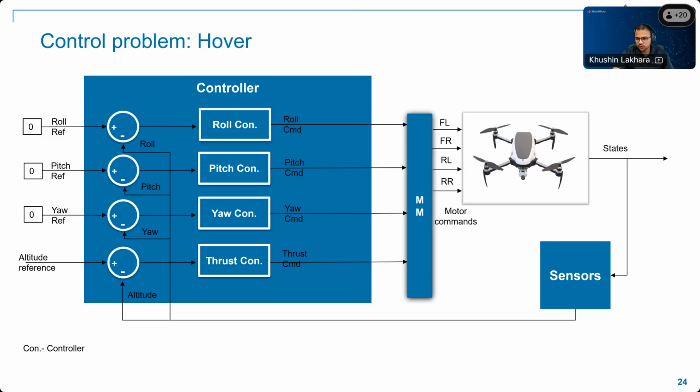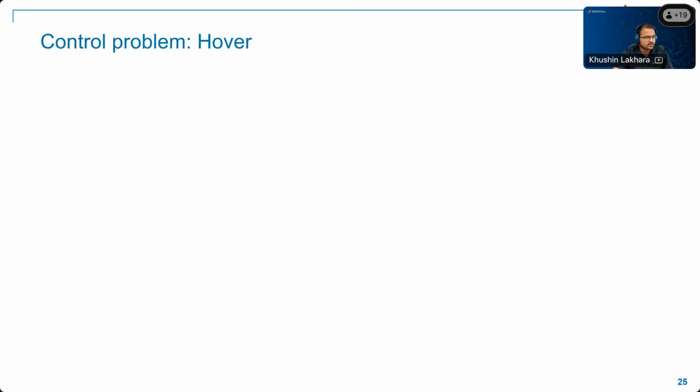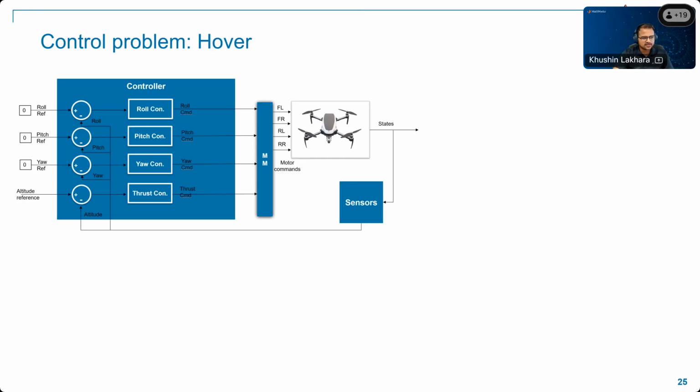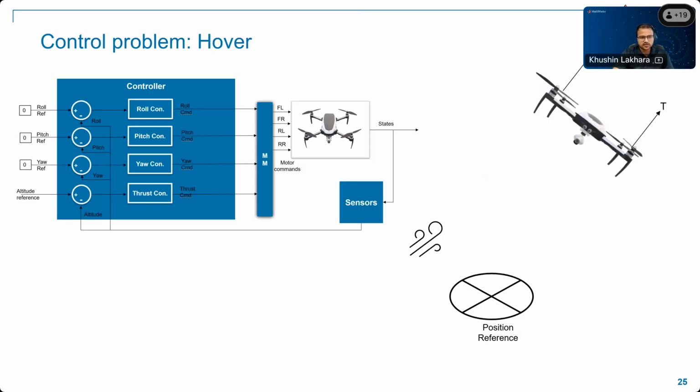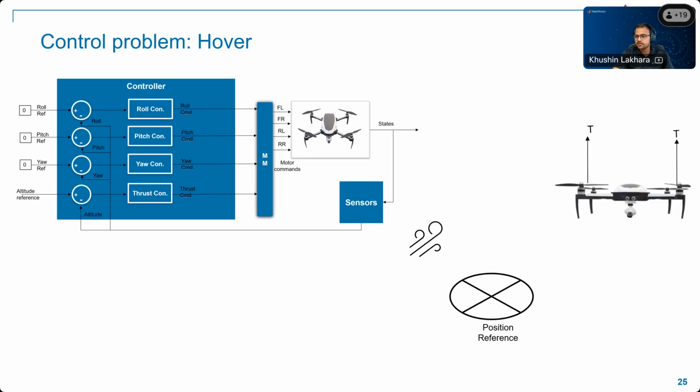Okay, let me help you understand it with the help of an animation. We designed this controller and we are taking a position reference of this location. Now if a gust comes, our rotorcraft gets tilted. But as we set the roll, pitch, and yaw as 0, this will bring it back to its original orientation.